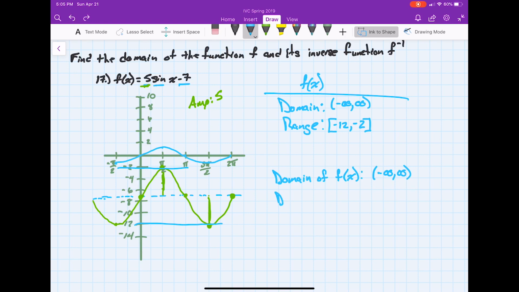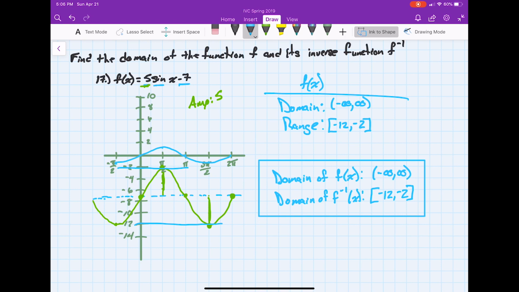And when I want it to work, I can't do it to save my life. Anyway, domain of f inverse of x is the range of the previous. So negative 12 included to negative 2 included. That's the answer for number 17.